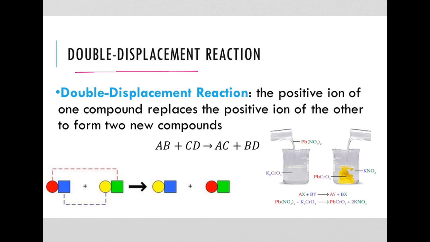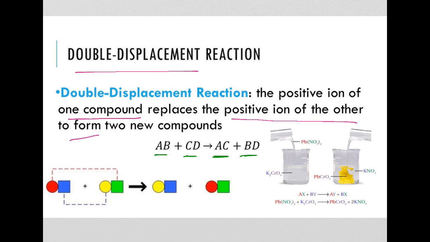Double displacement is an extra thing on top of single displacement. In double displacement, the positive ion on one compound replaces the positive on the other, and here we form two totally new compounds. So if you look at this, I have AB plus CD equals AC plus BD. So I basically switched what things were with, and so you can think of that here.